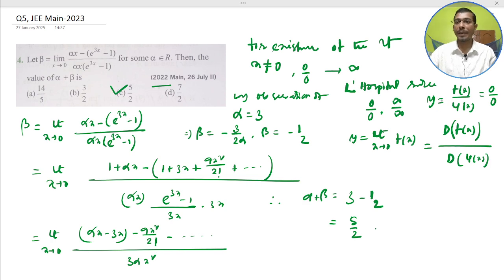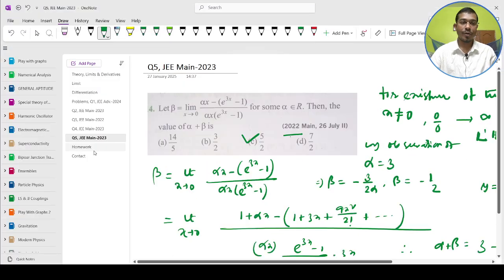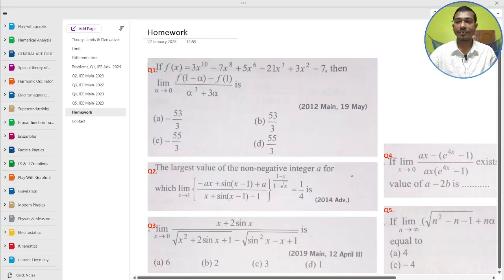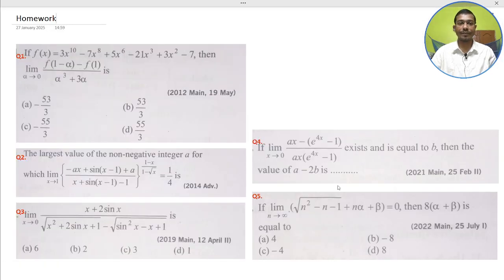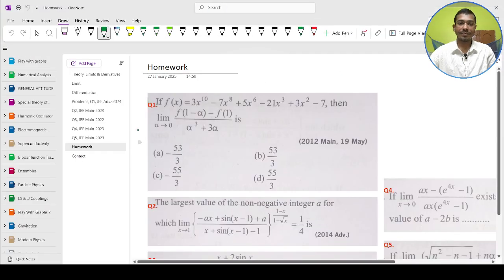So we just discussed the 5 important questions. For your better clarification, practice and understanding, I usually give 5 more homework questions. You just pause this video and take a screenshot quickly. 5 limit and differentiation questions. So I think you just take a screenshot of my problem section, 5 homework tasks for you.